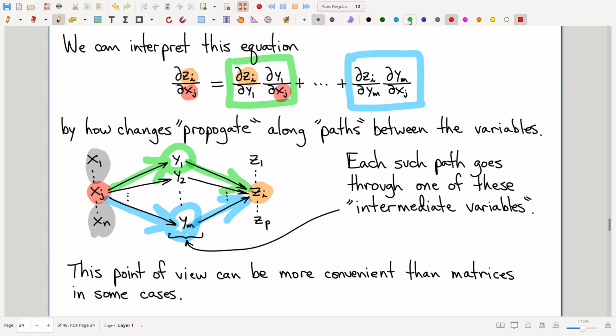The intermediate variable in question goes there and there, as if we would want to cancel it, which of course you can't. But that's how you write all these terms down, and this proceeds all the way along. So partial zi with respect to xj, then this is what the ym term looks like.